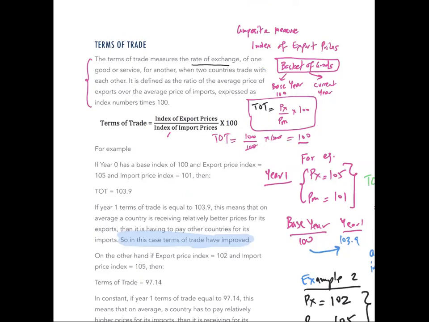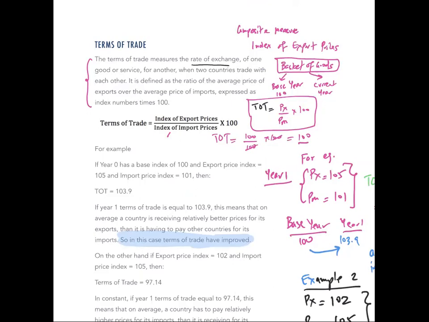Why do you make a basket of goods? Because you are finding average prices for exports. Now there are tons and tons of exports that you're doing and tons of imports that you're doing. So you need to only look at fewer goods by making a basket according to relative importance. That's why in my simple formula, I said PX over PM times 100 is my terms of trade.